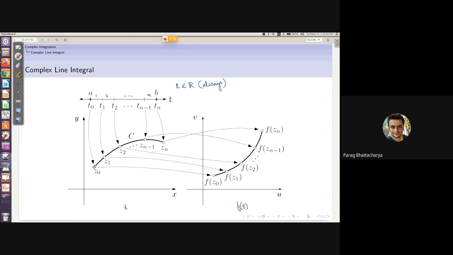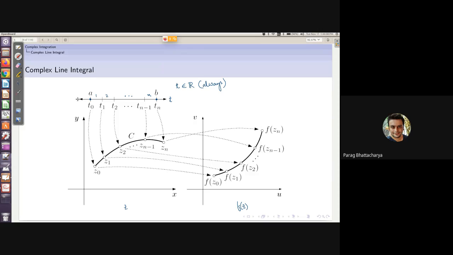So if I take z naught, because there is a function which is defined, that function is going to take a value f of z naught. Similarly, z1 is going to give me a value f of z1. z2 is going to give me a value f of z2, and so on. zn minus 1 is going to give me a value here. And finally, zn, when you apply this to a function, is going to give me a value f of zn. So this is basically what happens here.